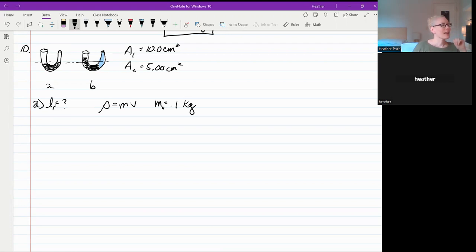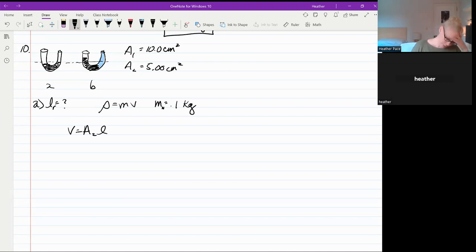So let's find the volume, because we know that whatever that pushed up, that volume is going to be the cross-sectional area times the length that it pushed up.